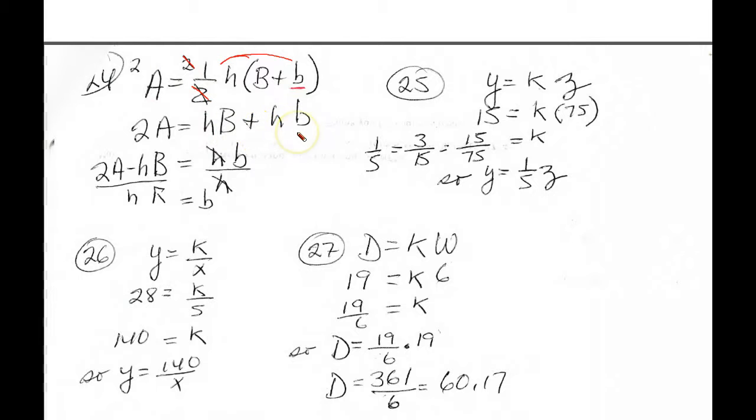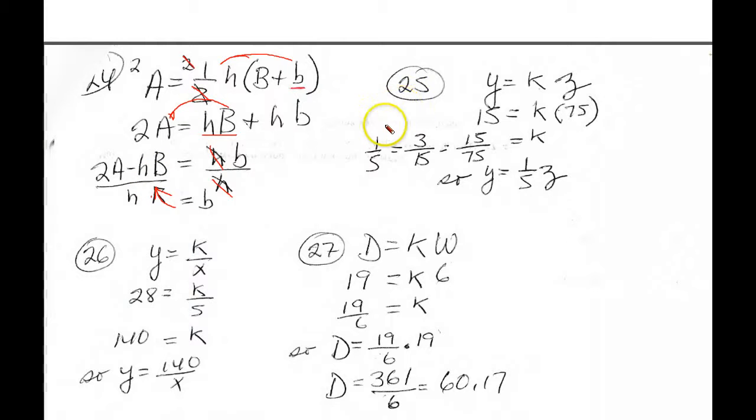And I get this. Then transpose this to the other side. When we do so, it changes its sign. And then we divide both sides by h. The h's cancel out. And then this is our answer right here. I could have written it again, but that's it right there.